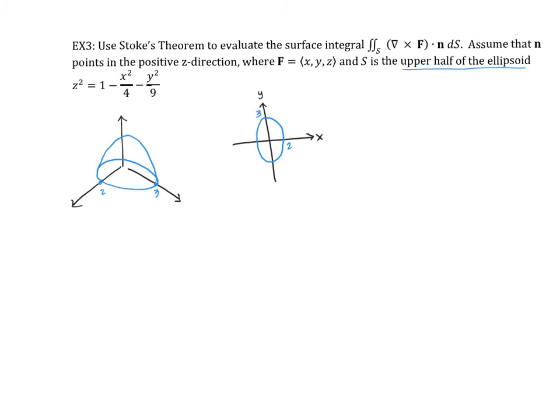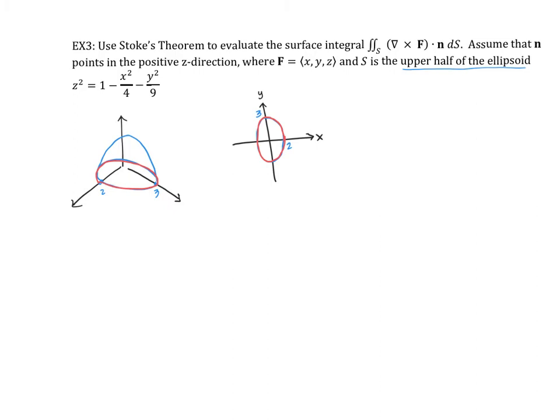So we have this curve, and I don't know the direction it's generated in. So the curve here that we're talking about, remember the curve is the curve in the xy plane. So that would be the base of this ellipsoid.